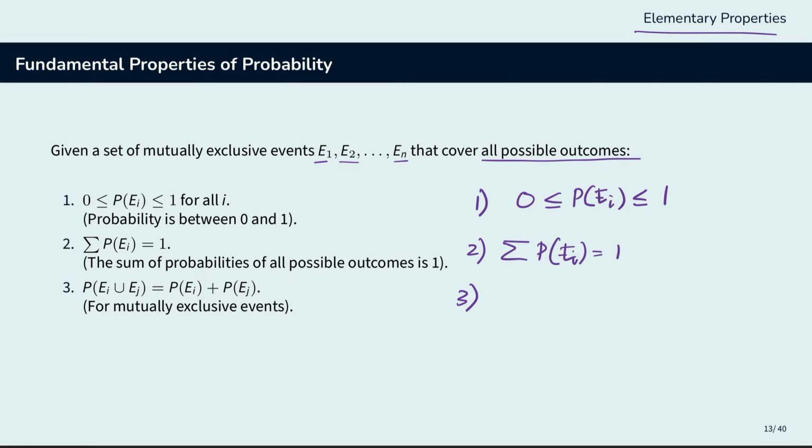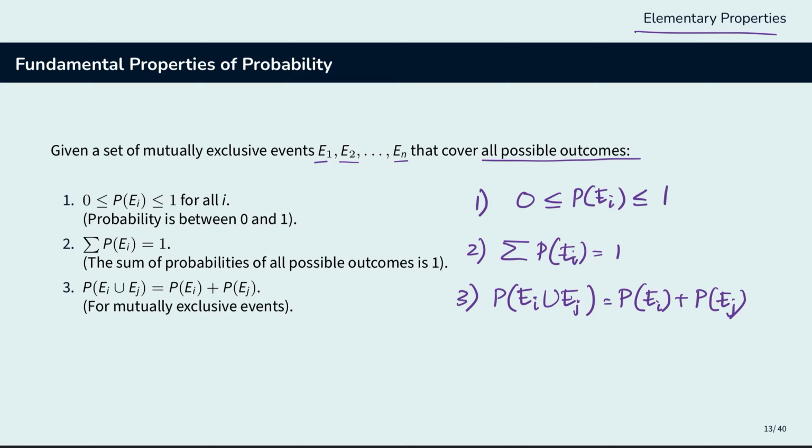Third, for mutually exclusive events, the probability of the union of two events, Ei union Ej, is equal to the sum of the probabilities of the individual events.